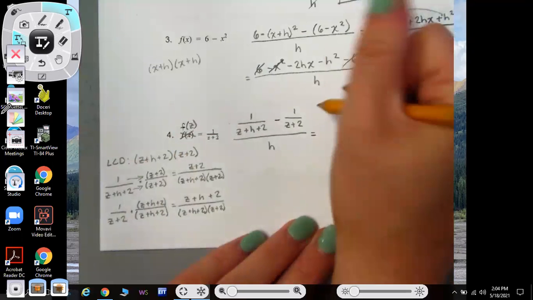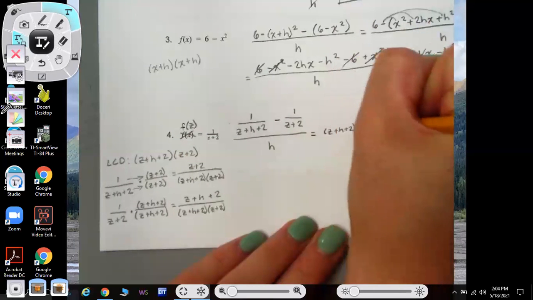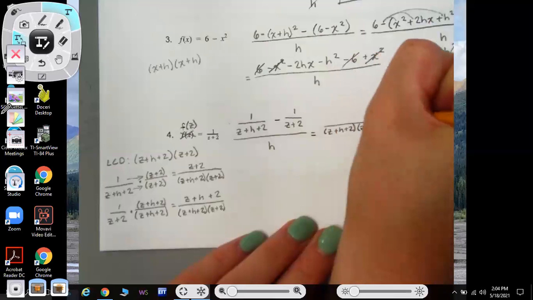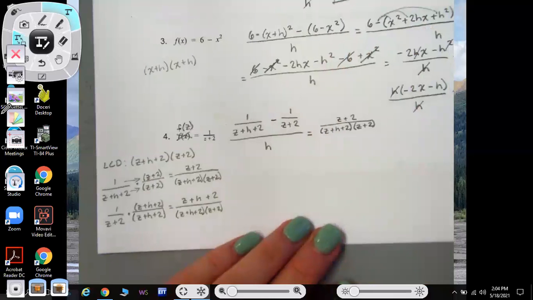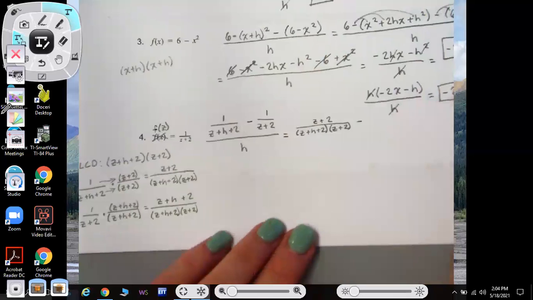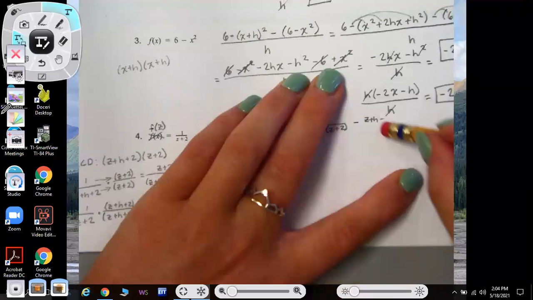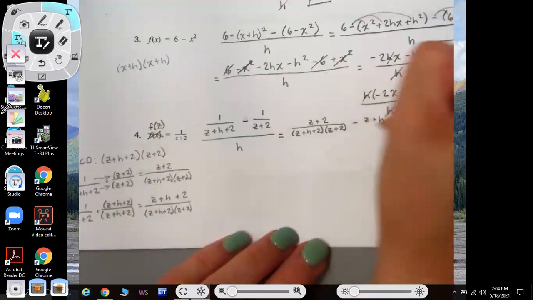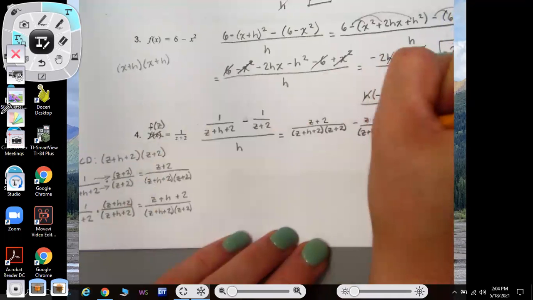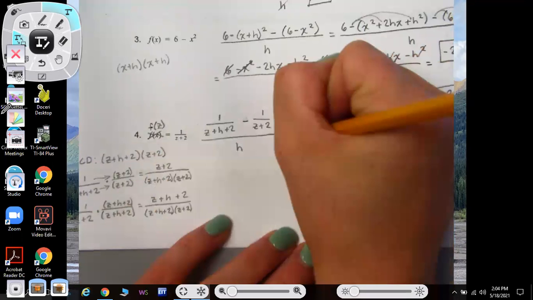So this first fraction is now z plus 2 over z plus h plus 2 times z plus 2, minus our second fraction, z plus h plus 2, over that same denominator. All of that is still over h.